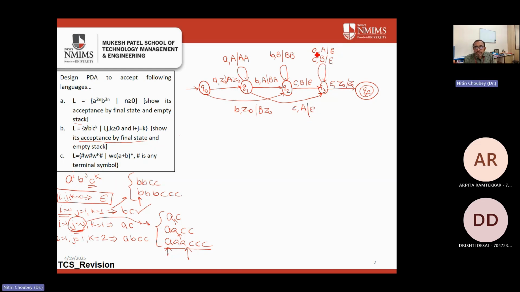And then for all C on A, we'll go with this rule, ultimately ending with epsilon comma Z0 gives Z0. So this is this case.